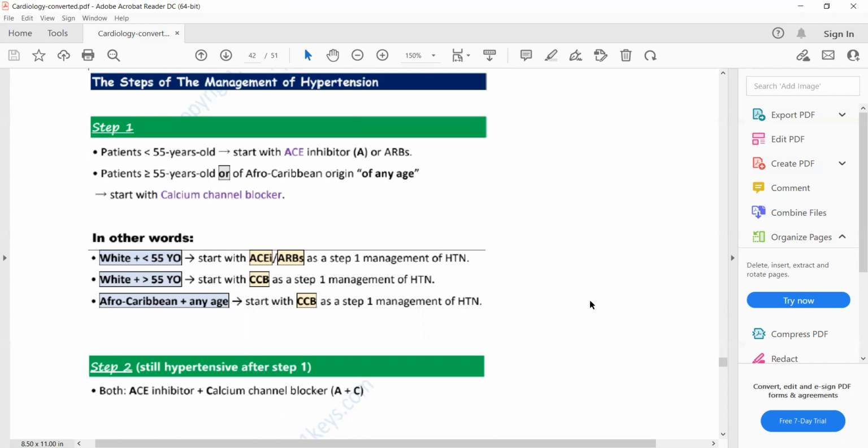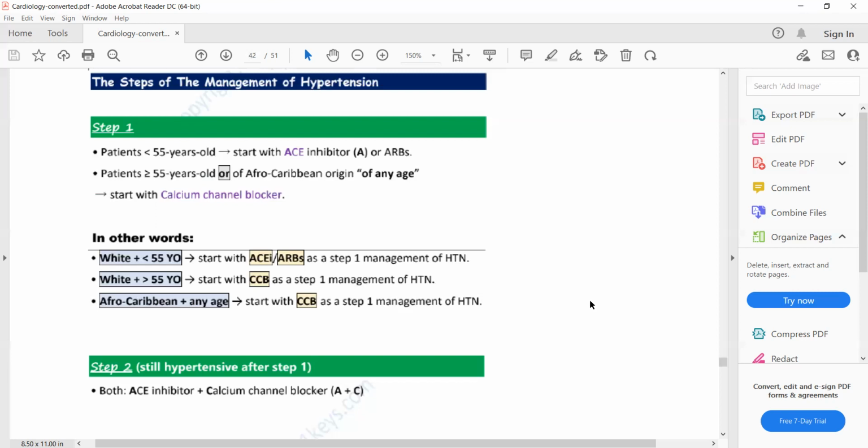So in those patients, we need to give something that will relax the smooth muscles in their arteries. In patients below 55 years of age, we'll start with ACE inhibitors or ARBs because they show a good response to ACE inhibitors or ARBs.